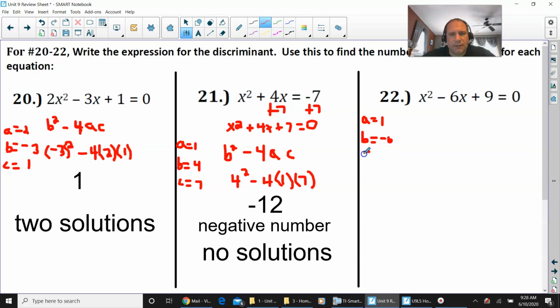And C equals 9. This is a rough one, right? No, this is not a rough one. So now you have b squared minus 4 times A times C. Go ahead, substitute it in, see what you get. Press pause one last time right now.